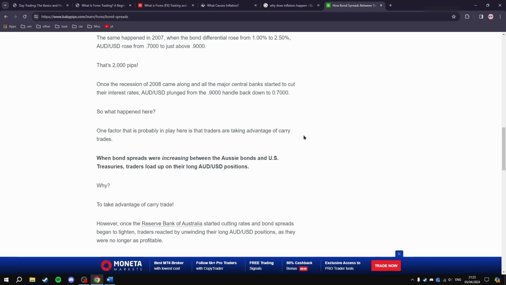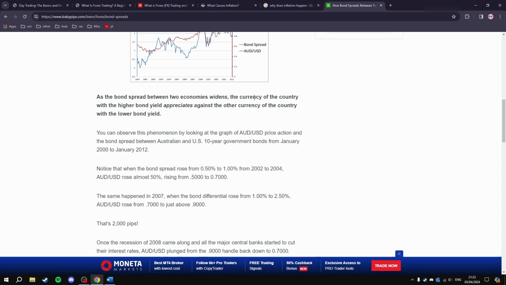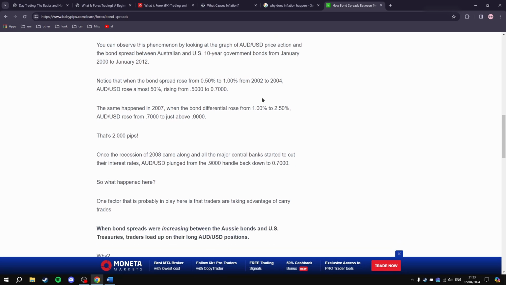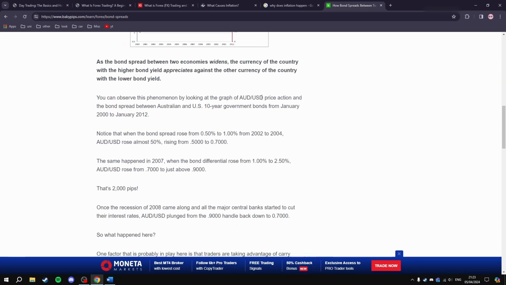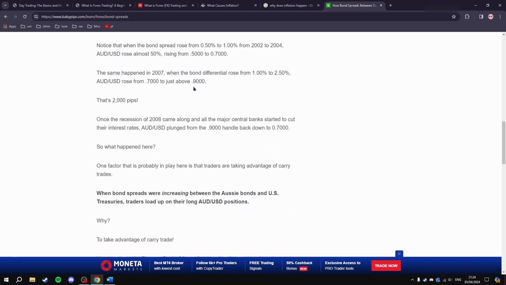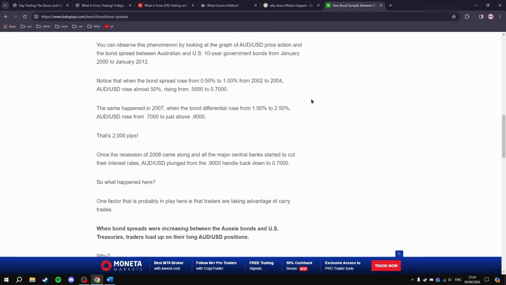So as bond spreads were increasing between the Aussie bonds and US Treasuries, that means the currency of the country with the higher bond yield, which is the Aussie dollar, is strengthening against USD, so you need more USD to buy one Aussie dollar, so the currency pair is increasing.